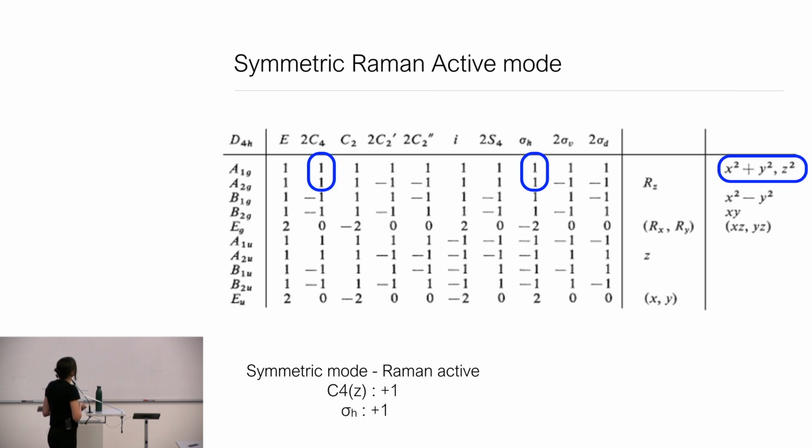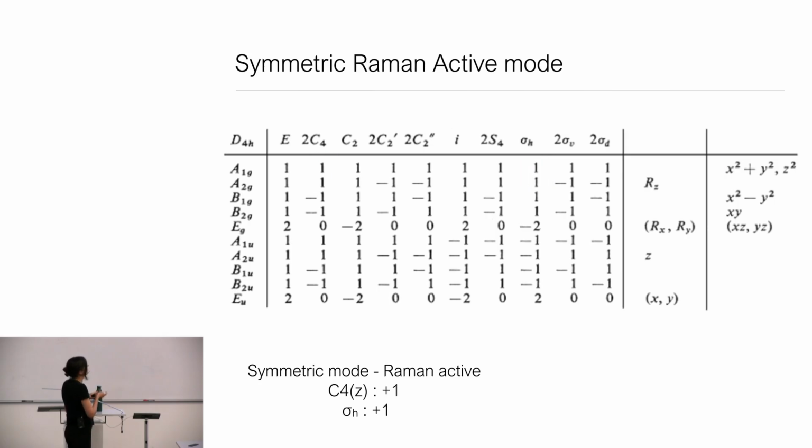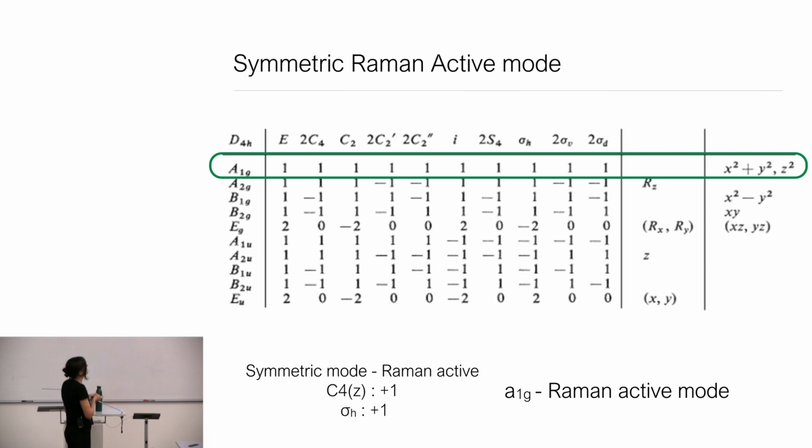And what I can see, for instance, is if I have the requirement, which we saw in our Raman active mode, that I'm positive with respect to a C4 and positive with respect to a sigma h, there are only 2 irreps that follow that. And in fact, only one of those irreps is actually Raman active in terms of a change of polarizability.